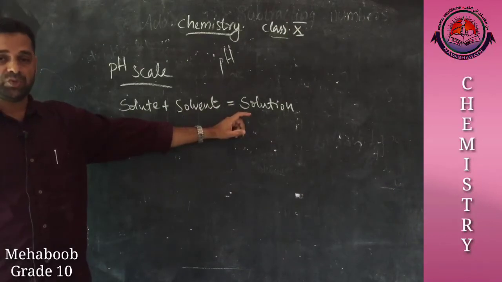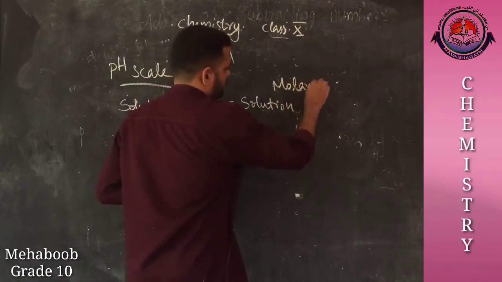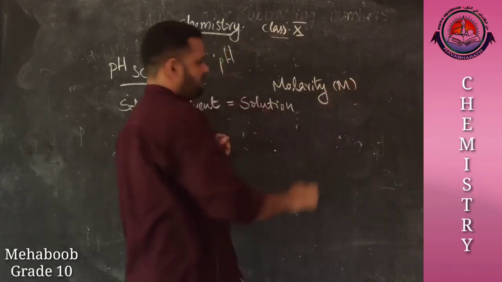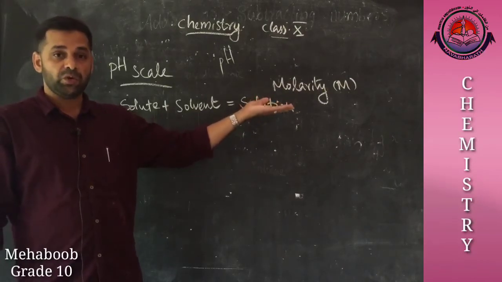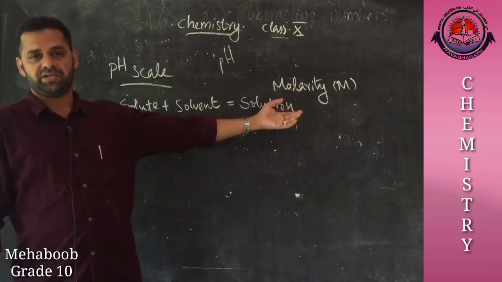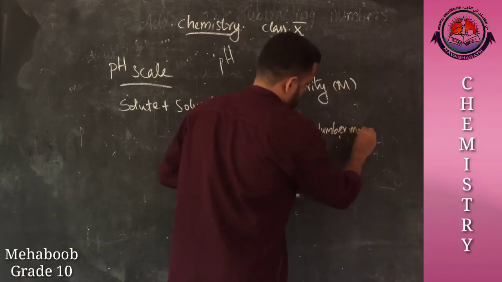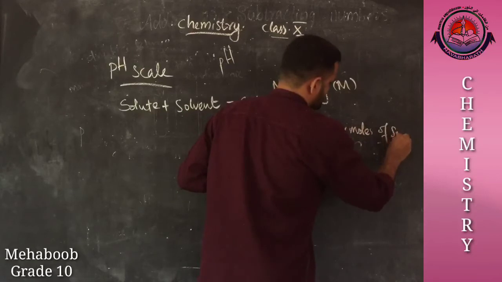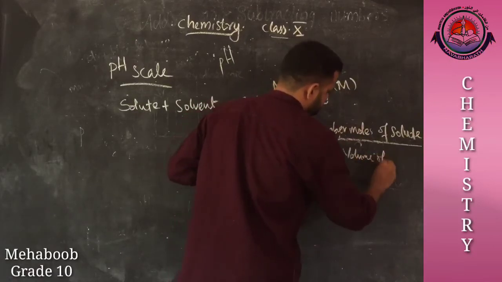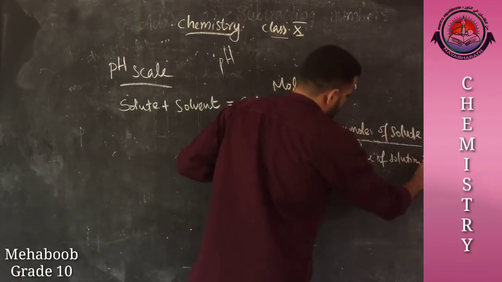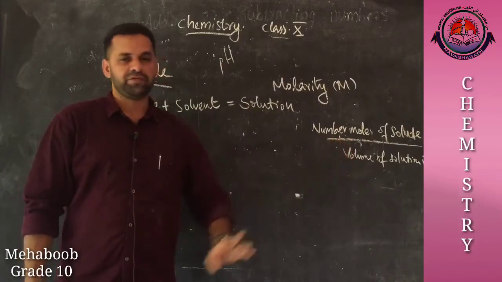To find the concentration of a solution we use a term called molarity, represented by capital M. Molarity is the number of moles of solute divided by the volume of solution in liters, that is, the number of moles of solute dissolved in 1 liter of the solution.